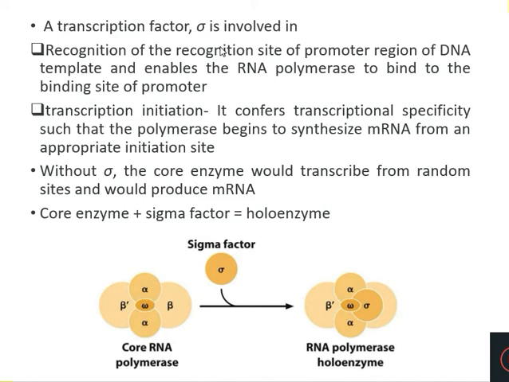Suppose there was no sigma factor, then the core enzyme would transcribe from random sites and would produce a wrong mRNA. So, it is the sigma factor that will enable the RNA polymerase to correctly bind to the binding site of the promoter and to the appropriate initiation site.